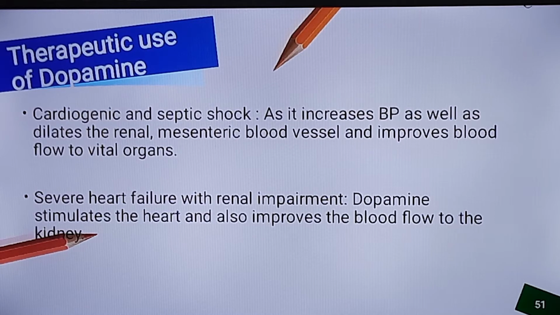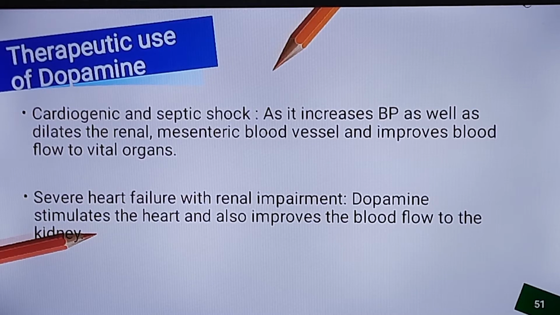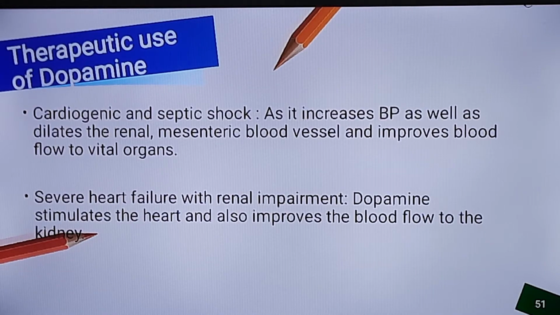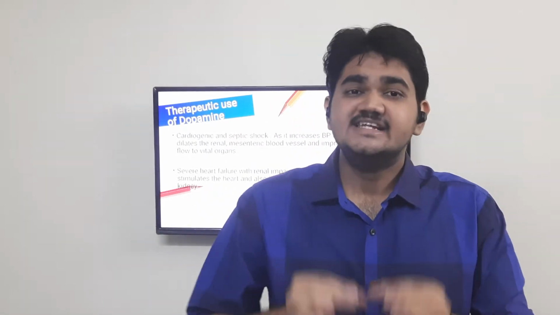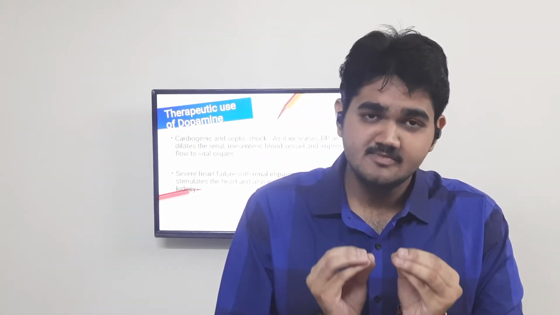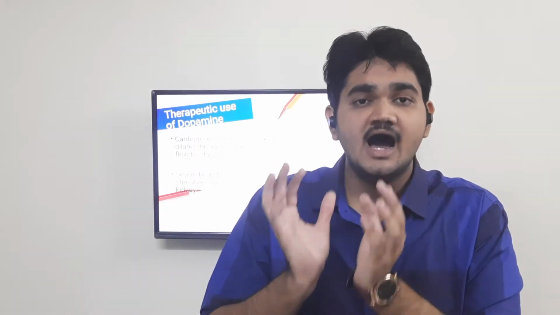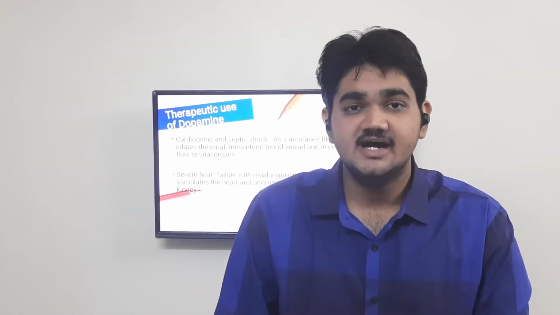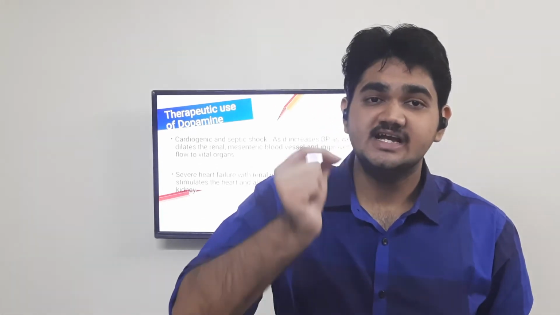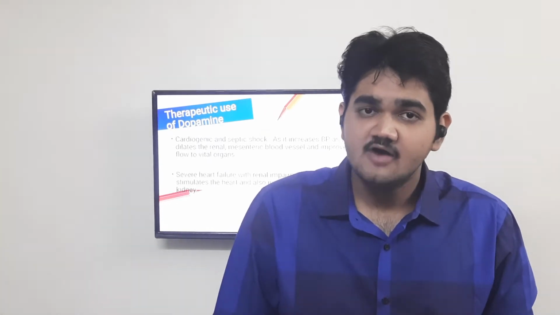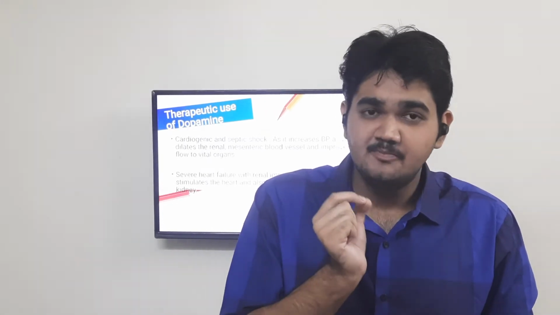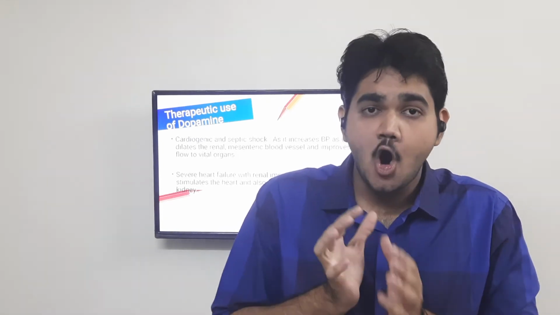Now the second case जहाँ पे हम dopamine use कर सकते हैं, that is heart failure with renal impairment. Now the question is, what do we mean by heart failure? In simple words, just remember, our human heart is failing to meet our body's metabolic demand. And in cases of heart failure, our body restricts the blood flow to some of the organs.